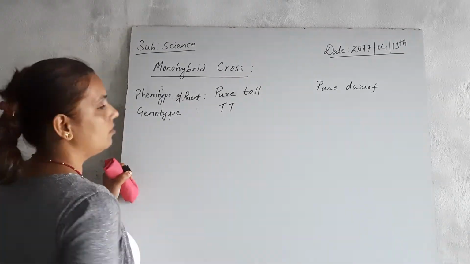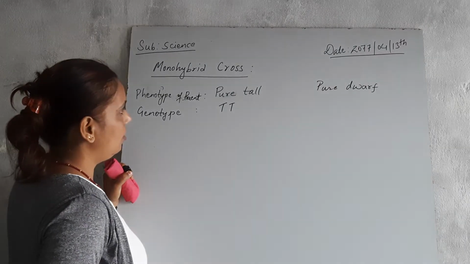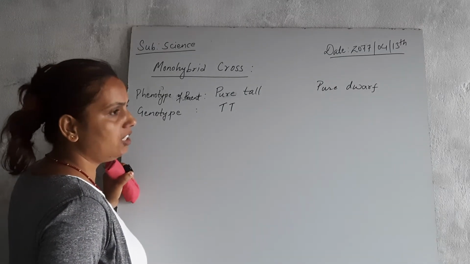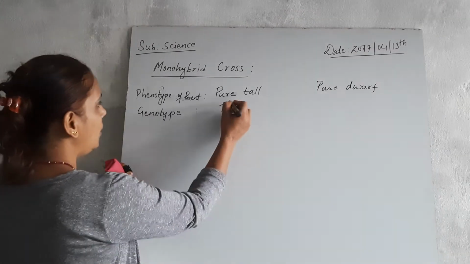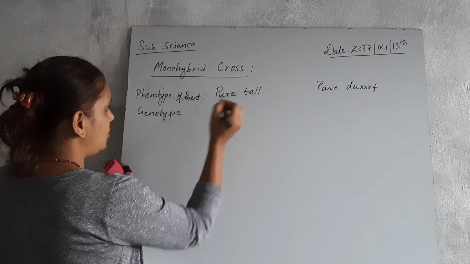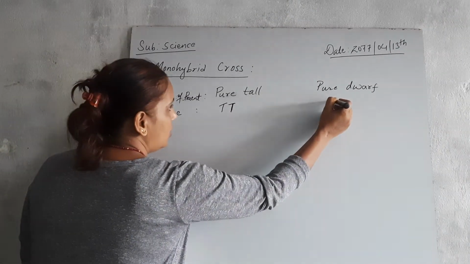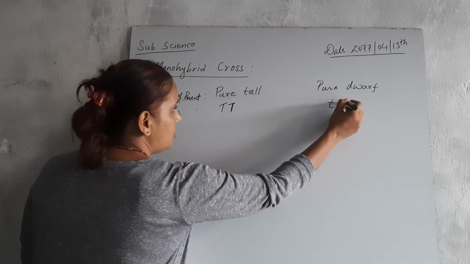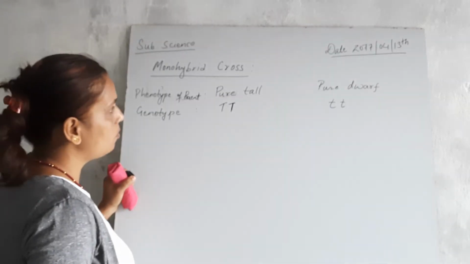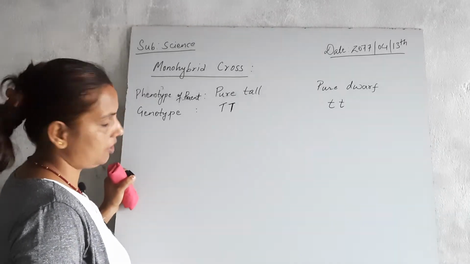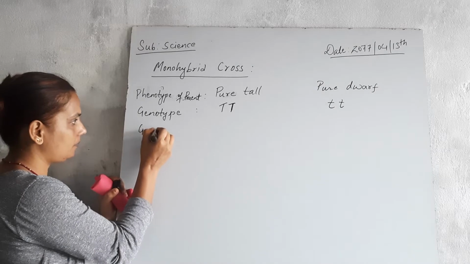And since we have already discussed in the previous class that any gene or allele is always represented in a pair, capital T, capital T represents the genotype of pure tall. Similarly, pure dwarf, since it is the recessive character, is represented by the small letter of the dominant trait, small t, small t. Then there is gamete formation.